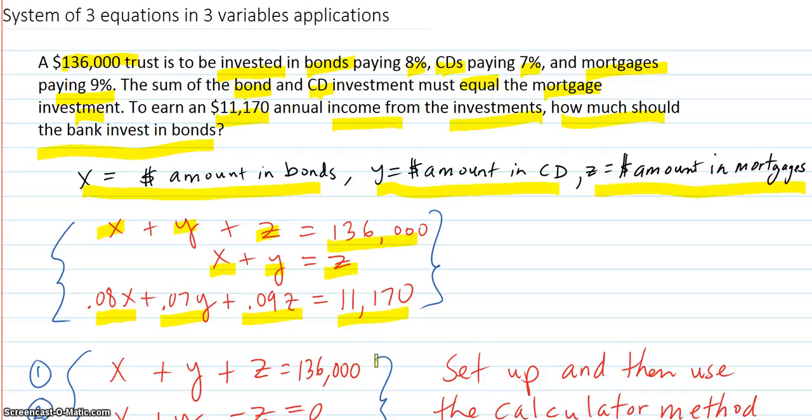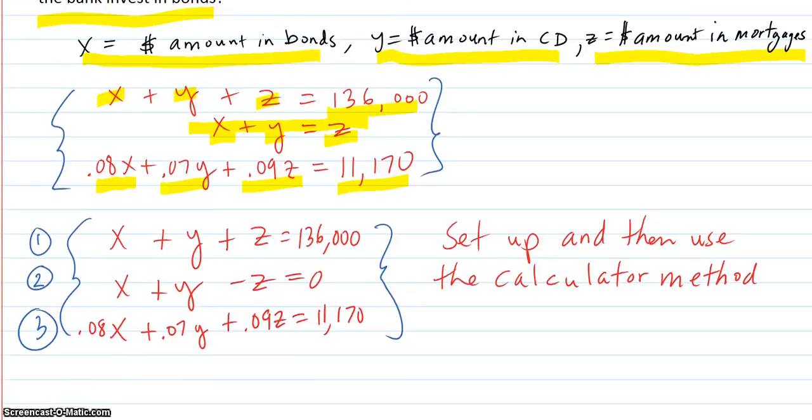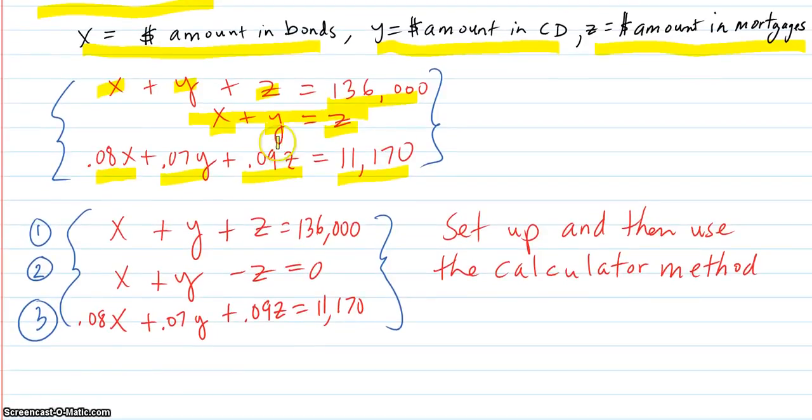Okay, so now we're not used to seeing the equation as x plus y equals z, so we have to simplify that down. So we subtract z from both sides, and it becomes negative z on this side and 0 there. So there's a system of three equations, three variables.